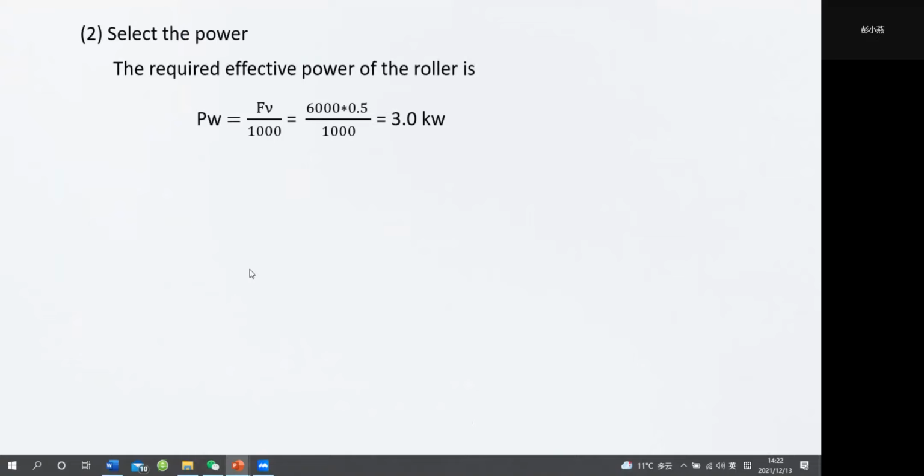So the total efficiency can be calculated by this. Okay, any question?